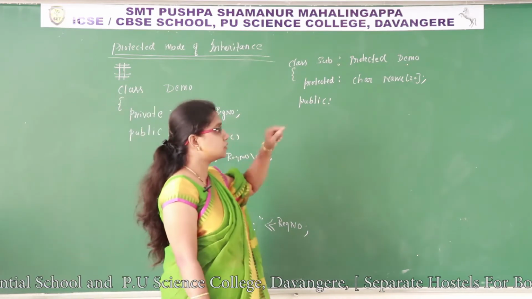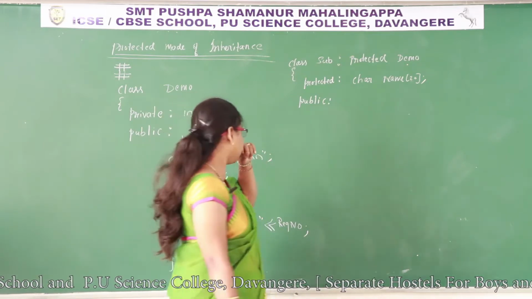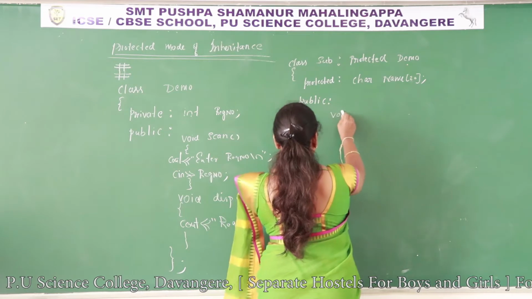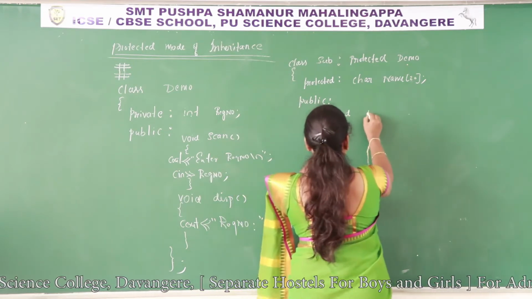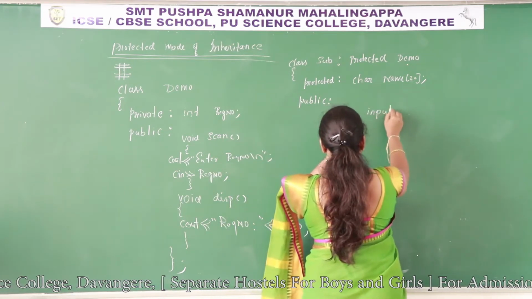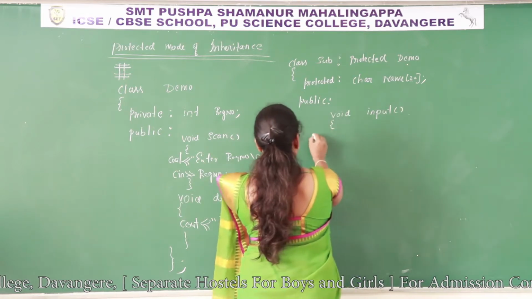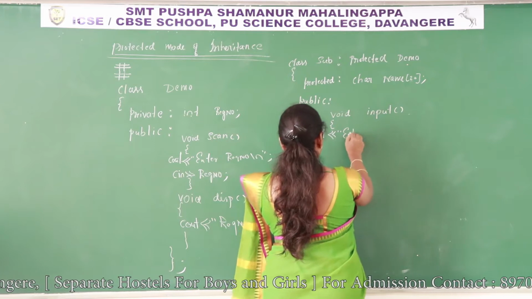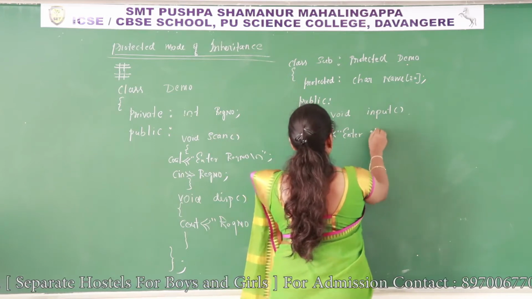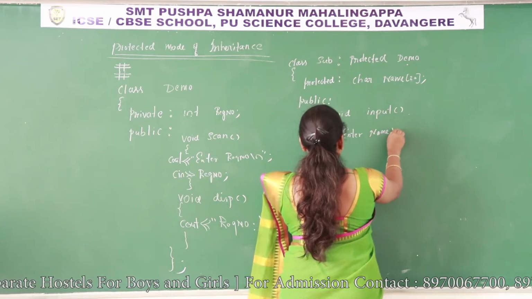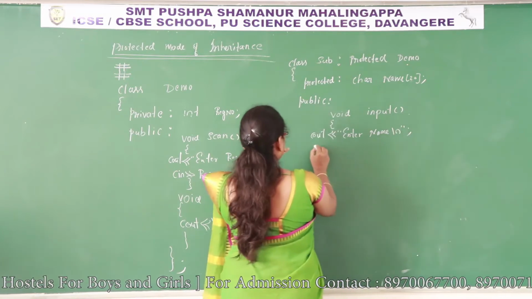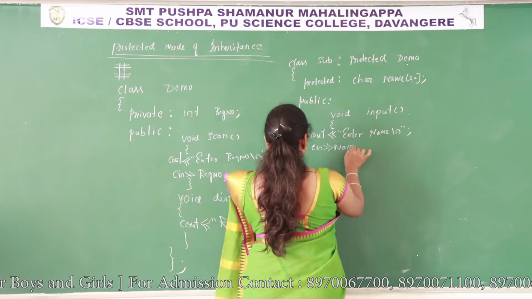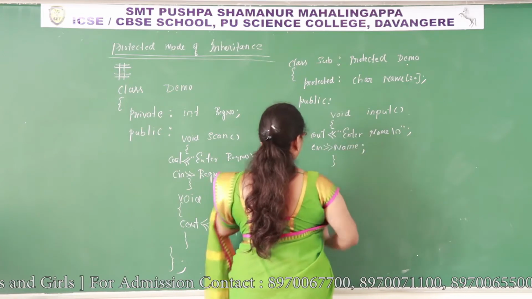In order to access name, we need a member function, void input, cout enter name, cin extraction name, flower bracket close.